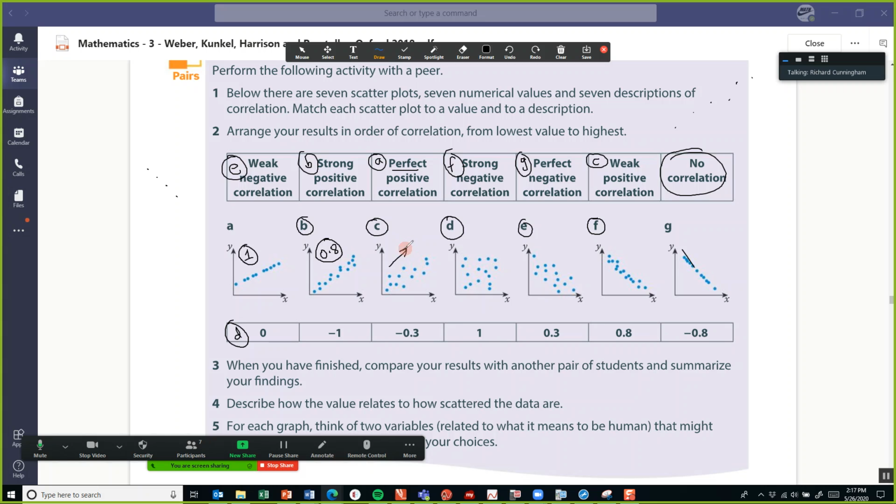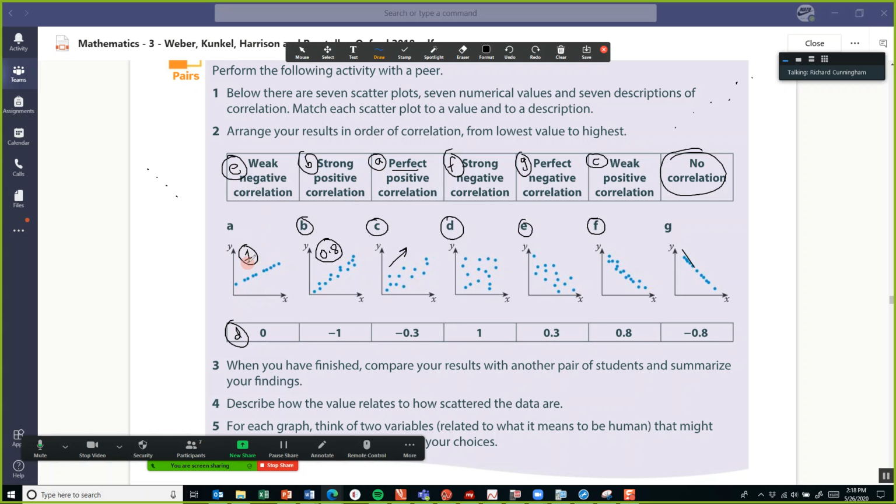Peter, can you tell me what you think C might be? It's not as strong as 0.8, but it's still positive. So which one of these numbers do you think would correspond to each of these graphs? We said 1 is perfect positive.